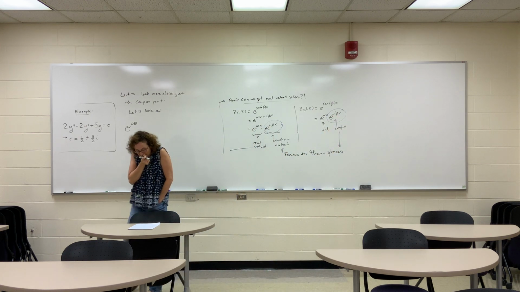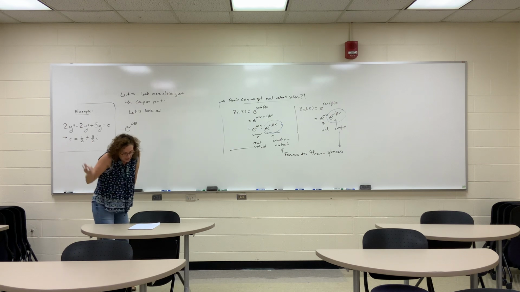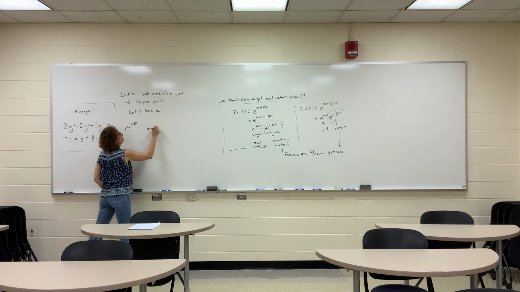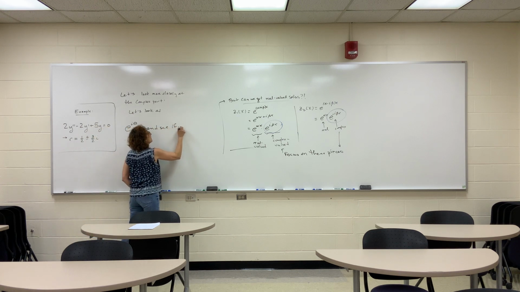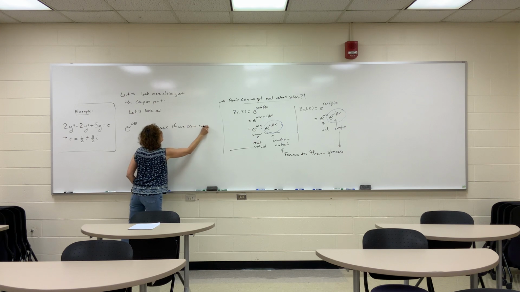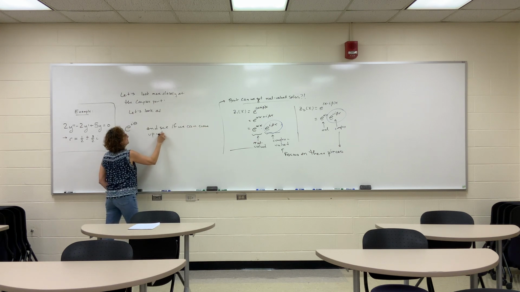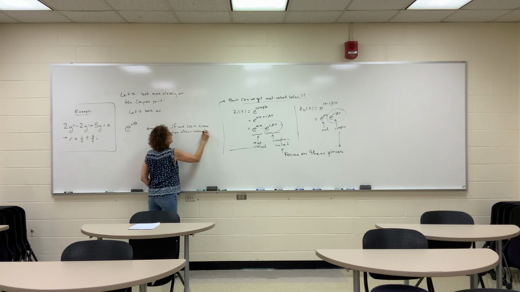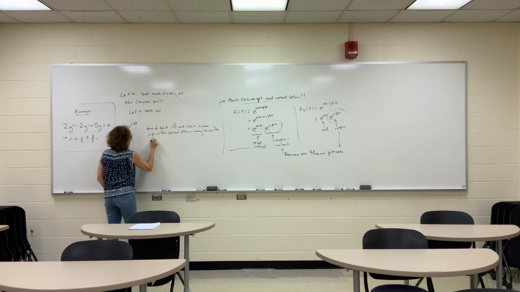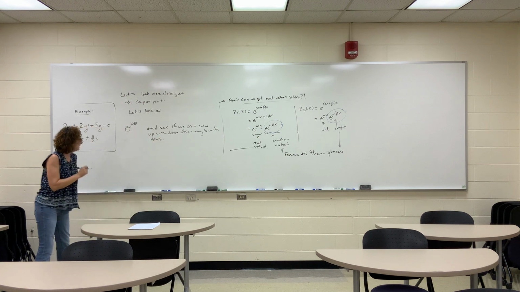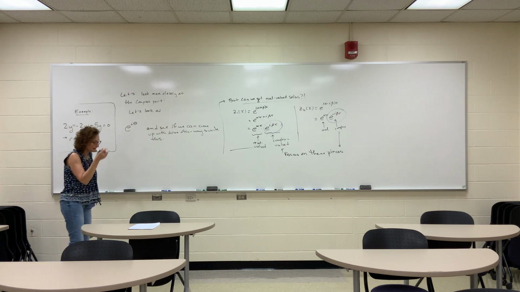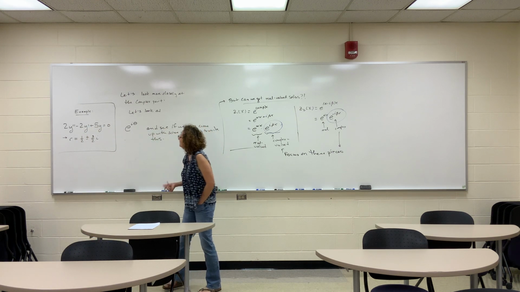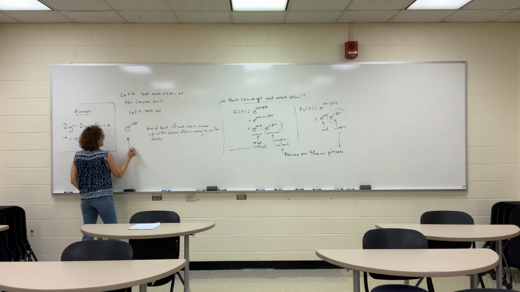Okay? All right. So let's see if we can come up with some other way to write this. E to a thing. So this guy's a complex exponential.